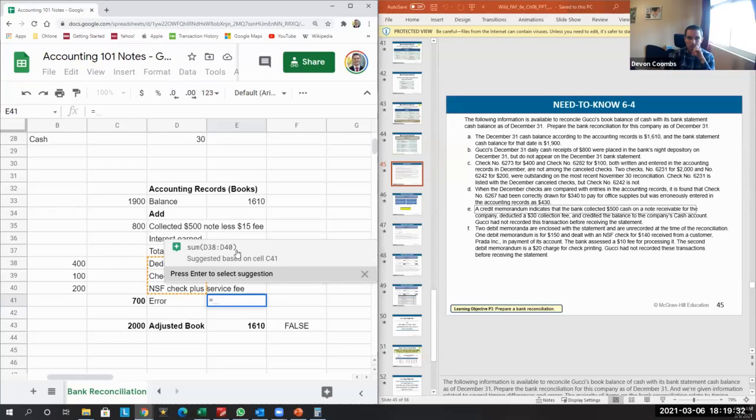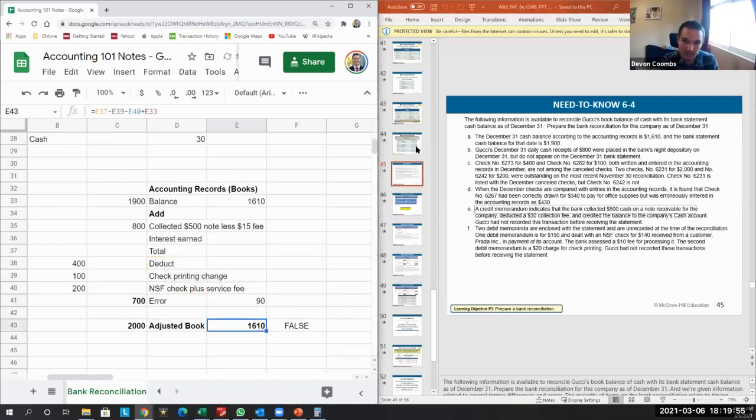Because 430 is more than 340 and 340 is the correct amount. You'd be right, but to challenge you here, we put 430 of expenses. So since we put more expenses, we're actually going to add this back to our balance because we expensed too much. So we'd add that to our book balance.